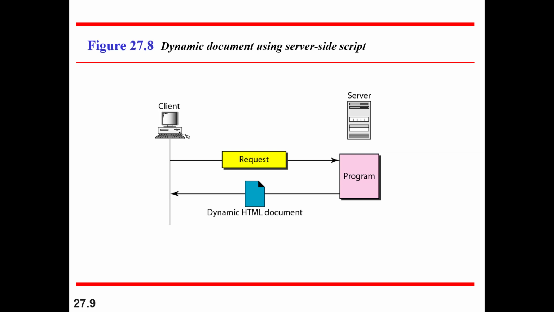Because a fresh document is created for each request, the contents of a dynamic document can vary from one request to another. A very simple example of a dynamic document is the retrieval of the time and date from a server. ASP.NET, PHP, and JSP are used to develop dynamic web documents.